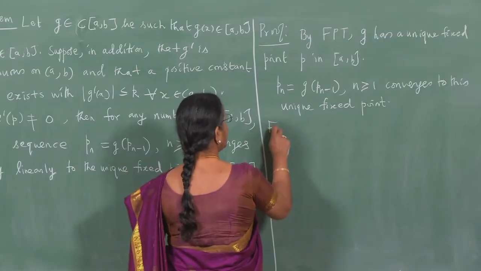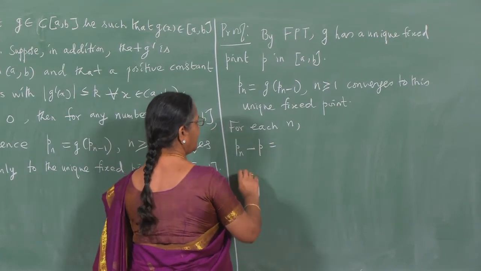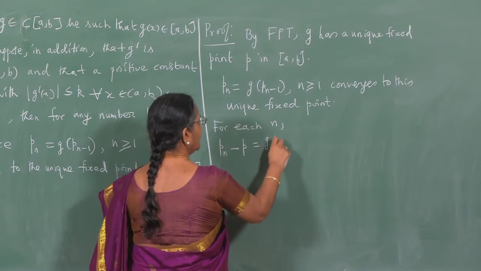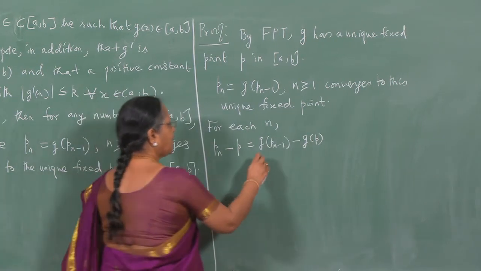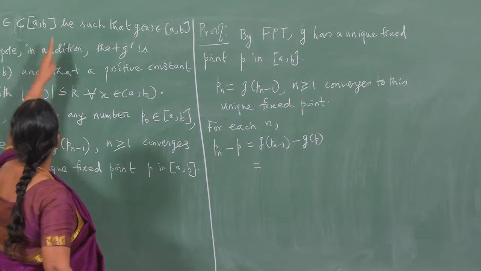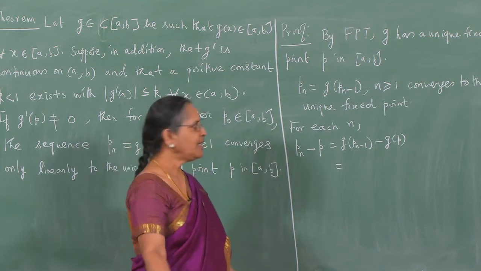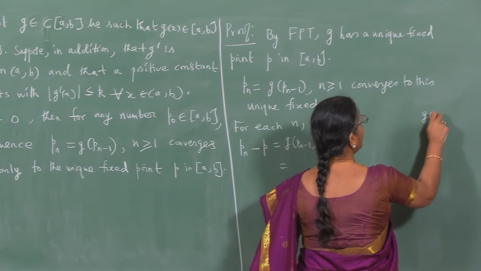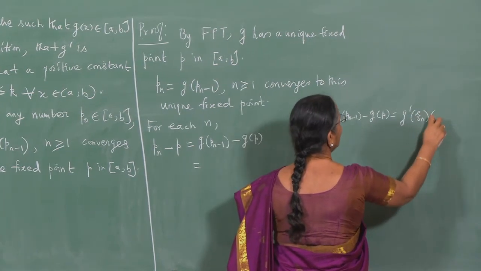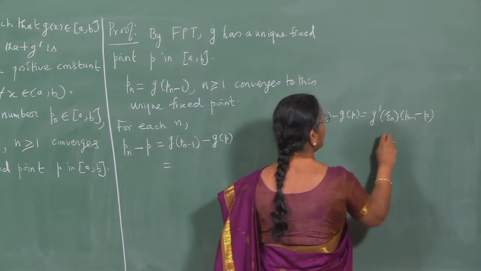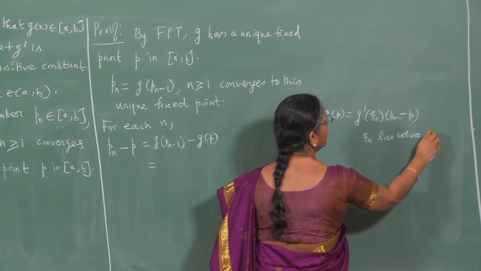So, now for each n, we know that p n minus p will be such that it is g of p n minus 1 minus g of p. g is a continuous function on the closed interval, g dashed exists in the open interval, and therefore, I can use the mean value theorem and write g of p n minus 1 minus g of p as g dashed at psi n into p n minus 1 minus p, where psi n lies between p n minus 1 and p.